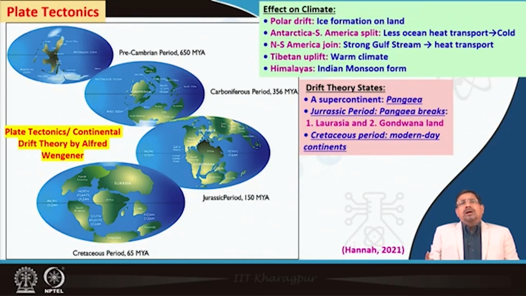And the uplift of the Tibetan plateau has given a cold climate, in turn the formation of the Himalaya because of this plate tectonics, the collision of our Gondwana plate with the other plate. So, it has given a broader large scale weather pattern in terms of the monsoon.